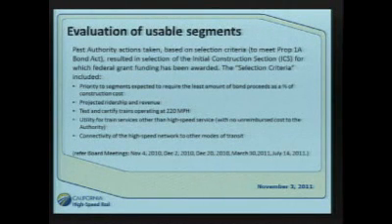Now, the evaluation of the usable segments, you will recall, at least those members that have been around for a longer period of time, if you refer to board meetings on November the 4th, December the 2nd, December the 20th, March the 30th, and July the 14th, at all those board meetings, and they are referenced in the board documentation that you got as well, there has been a continuous build-up of selection and selection criteria.